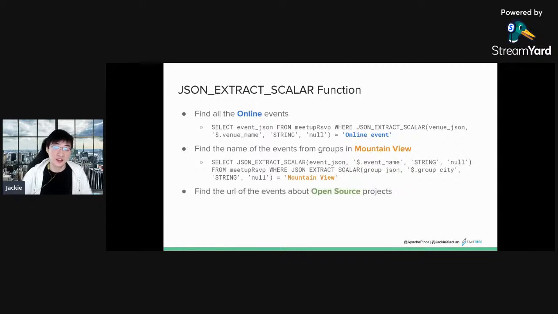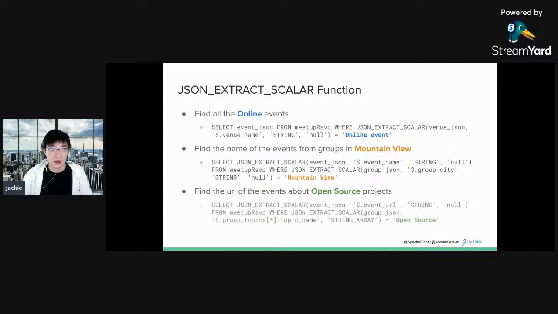So here's the interesting query. How can we find the URL of the events about open source projects? To learn about all the open source projects, we need to know the group topics, which is a nested array within the group JSON field. Here we can see there's something new in the JSON extract scalar function within the where clause.